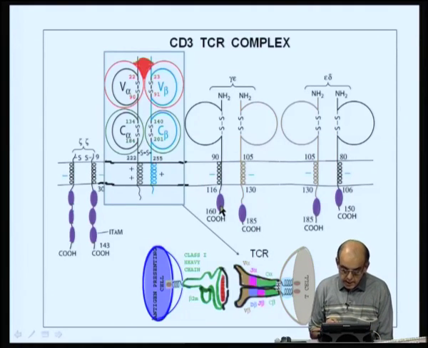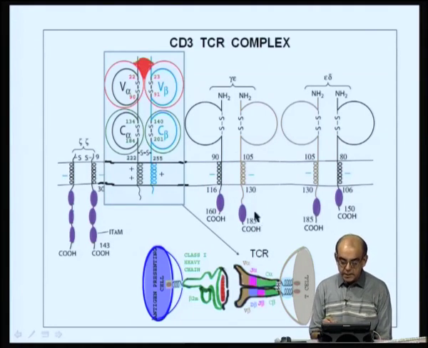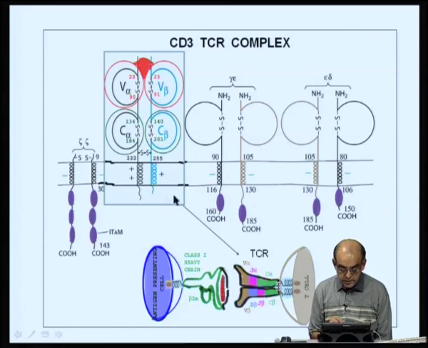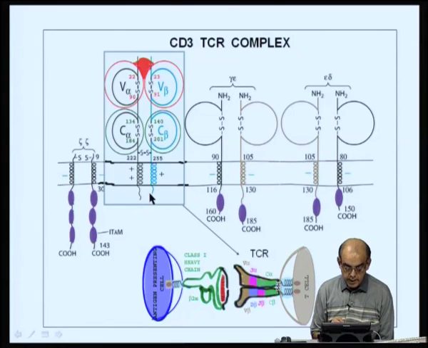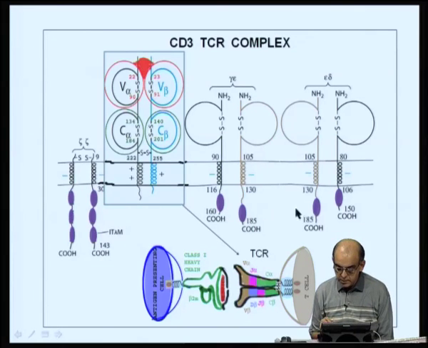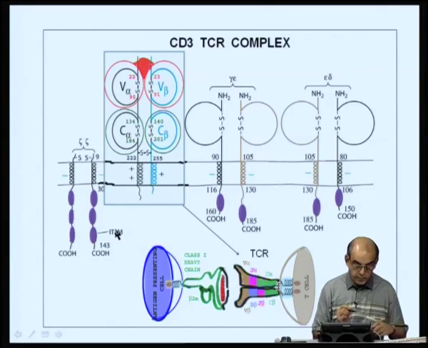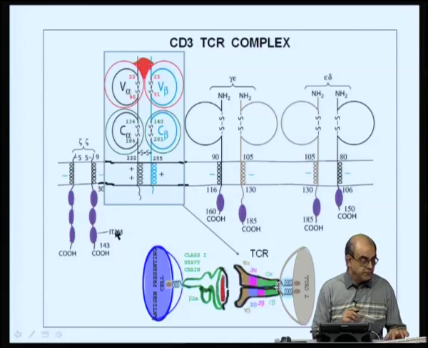In addition to that, down below in the intracytoplasmic portion, which is longer than what is found in the antigen binding alpha beta subunit, you have these purple structures called the ITAMs, or immunoreceptor tyrosine activation motifs.